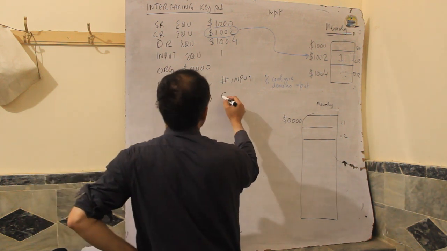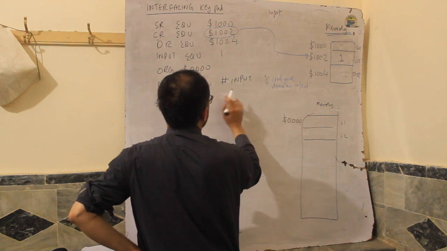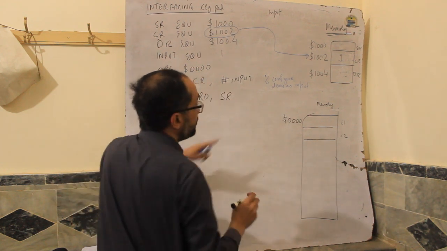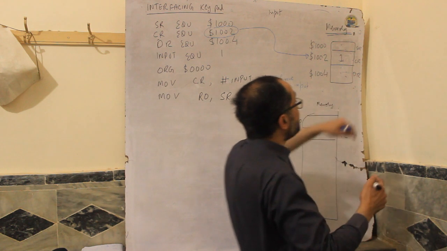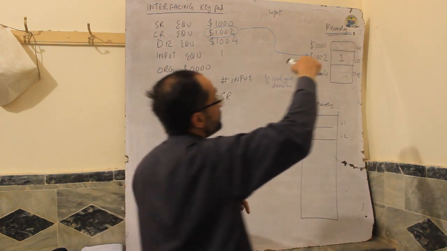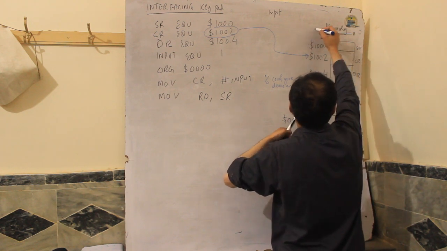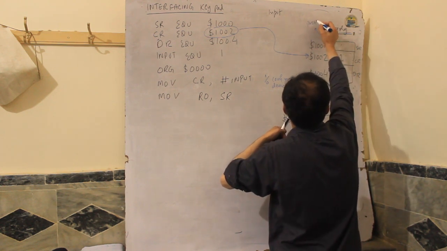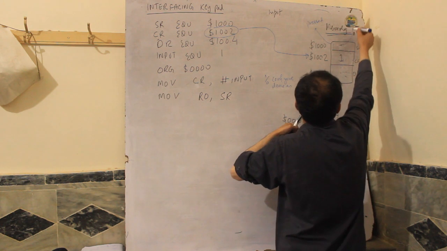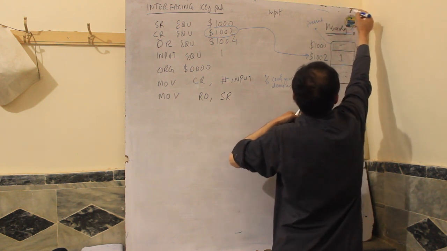R0, the status register. We want to check whether a key has been pressed by the user. If SR is 1, it means the key has been pressed, and if SR is equal to 0, it means not pressed.